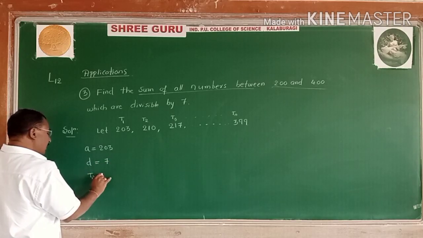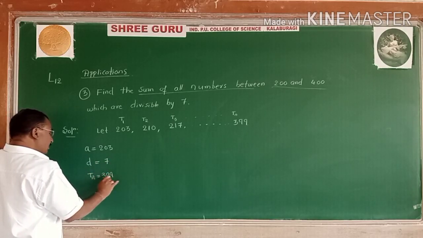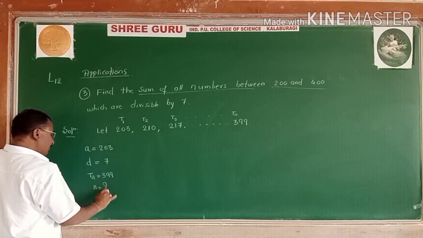Tn is equal to 399. The number of terms n is what?